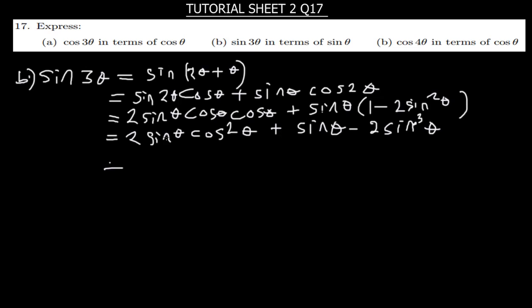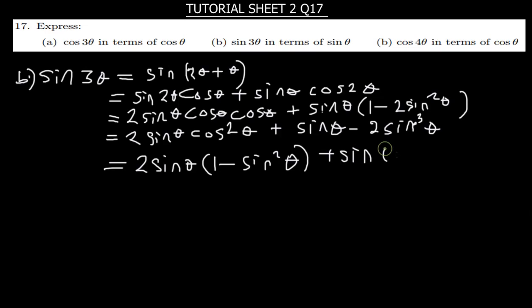And then you move on. You are going to have sine theta, and this cos squared theta is just the same as 1 minus sine squared theta. So you can write it there, and then plus sine theta minus 2 sine cubed theta.